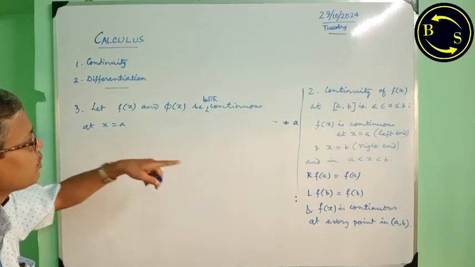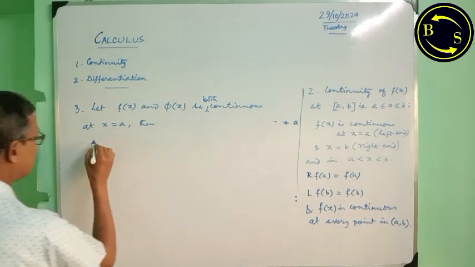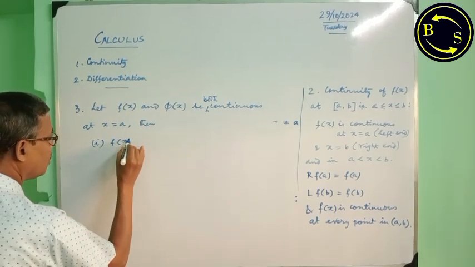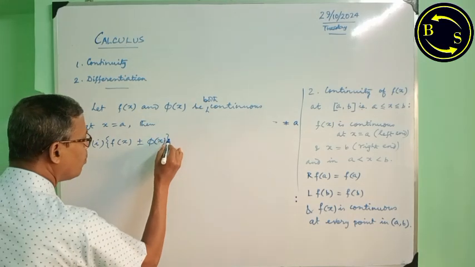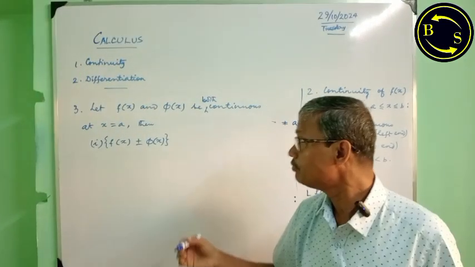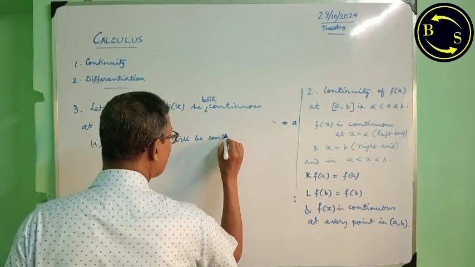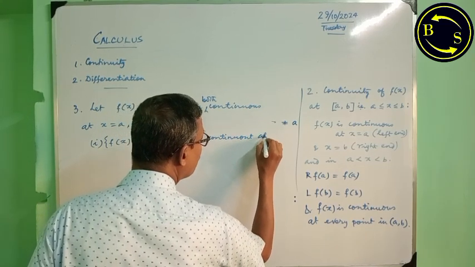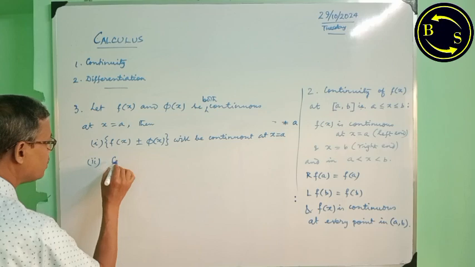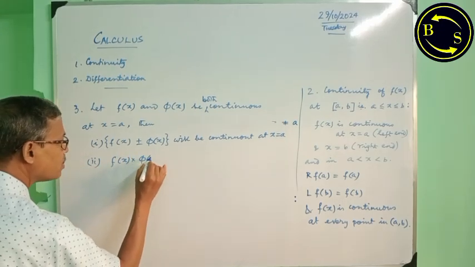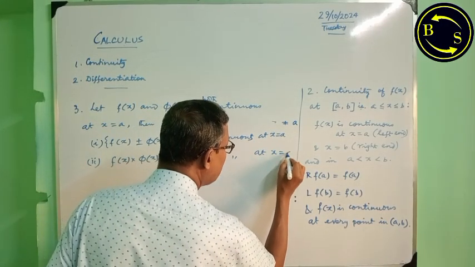Let the functions f(x) and phi(x) be both continuous at x equal to a, then the sum of the functions or difference of the functions will be continuous, and their product function, that is f(x) into phi(x), will also be continuous at x equal to a.